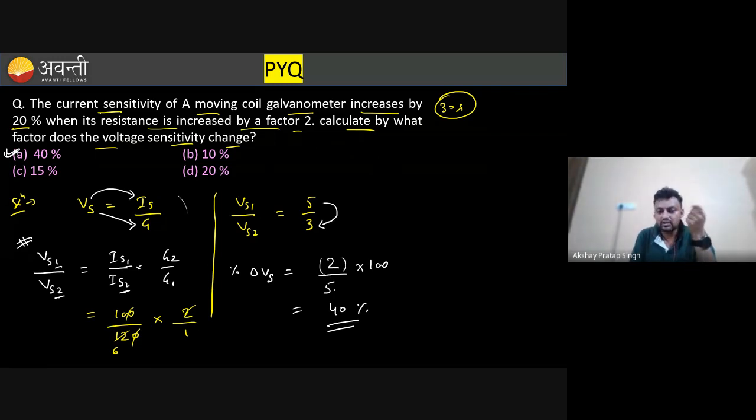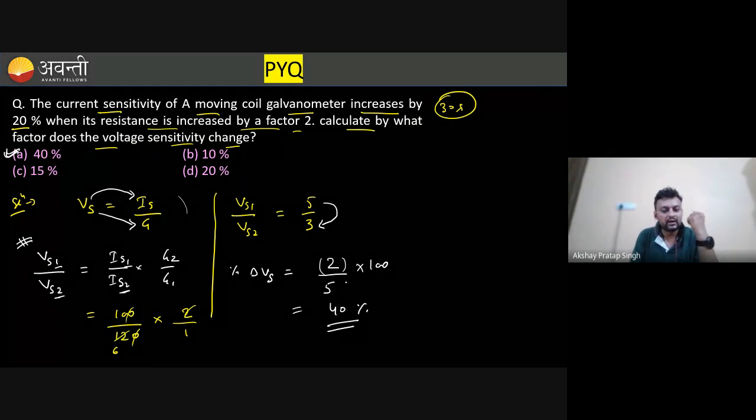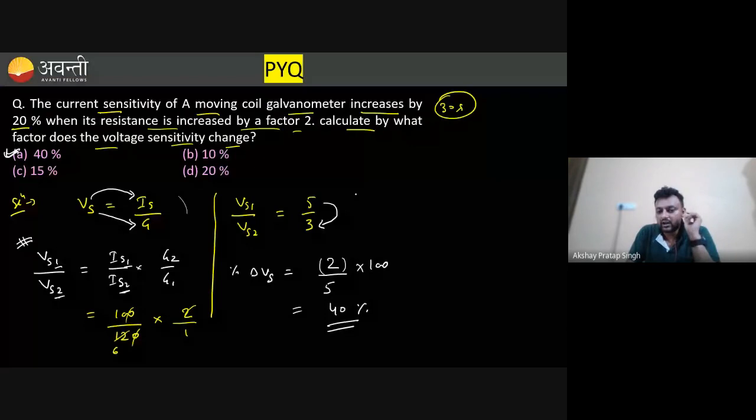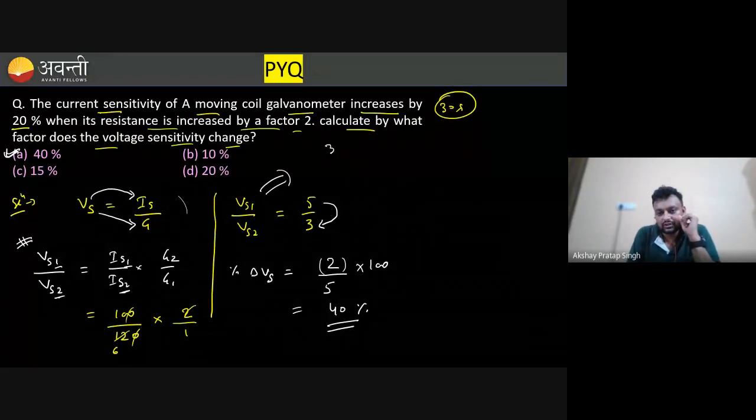How do you calculate the percentage change? The change in the value divided by the original value into 100. The change in the value is 2, and the original value is 5 multiplied by 100.